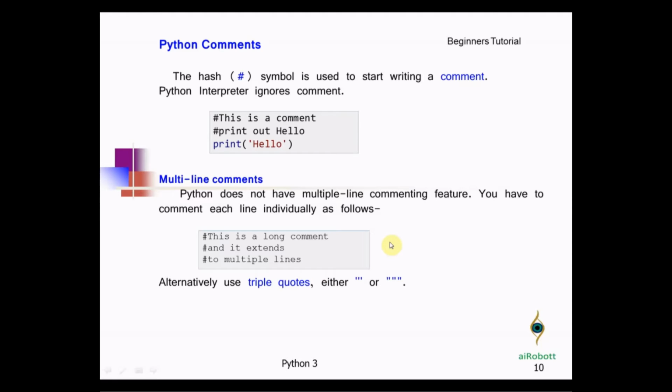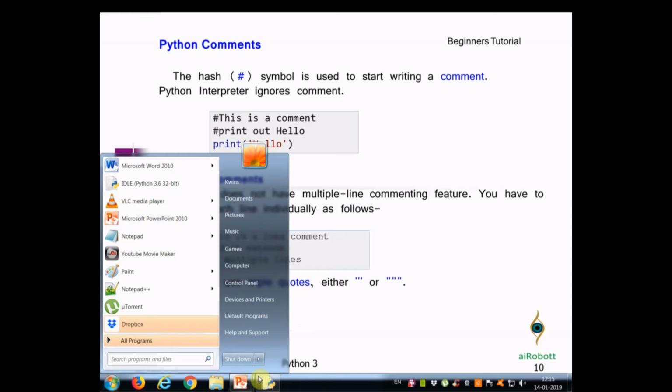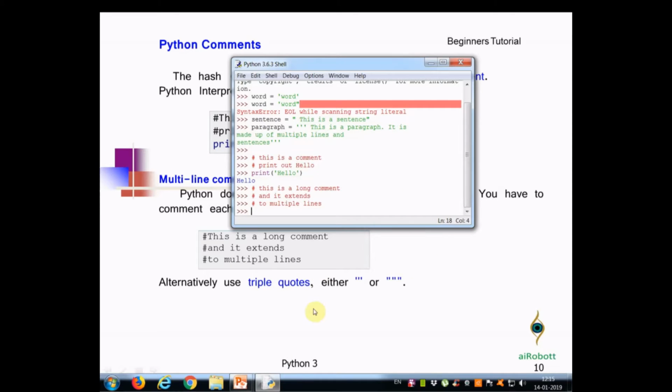Alternatively, there is one more feature in Python. Use the triple quotes, just like these three or these three. Let's see how to implement these three quotations. First, I would like to use double quotation at the beginning.